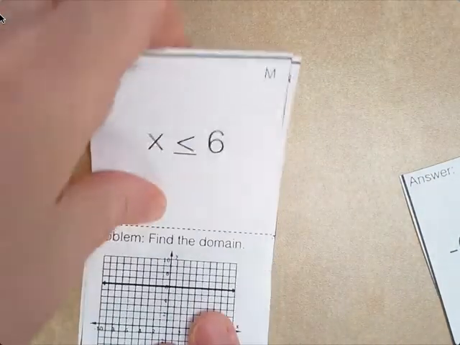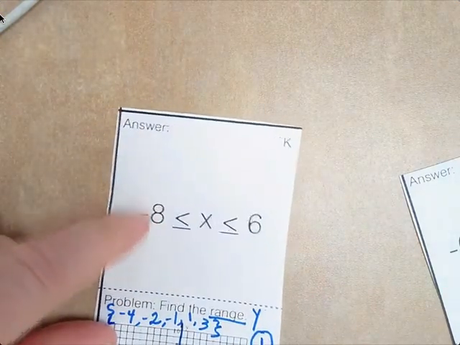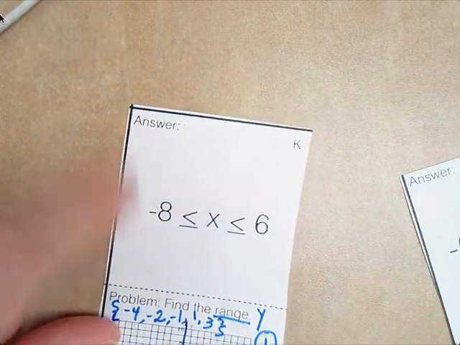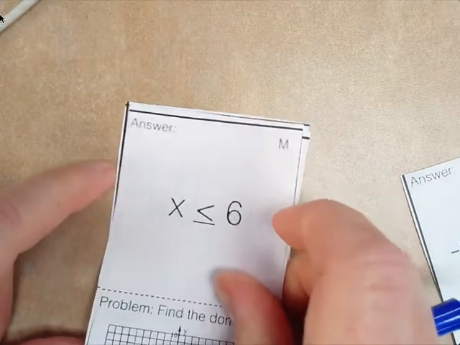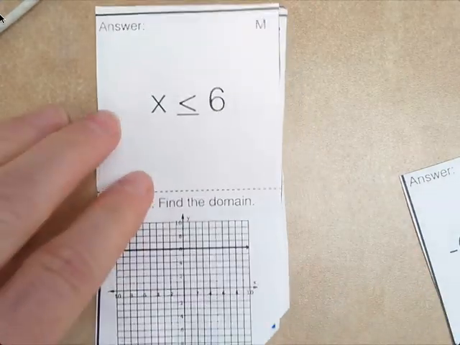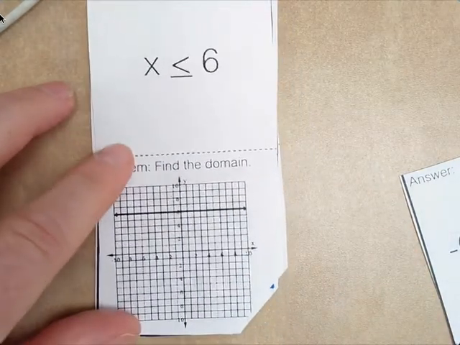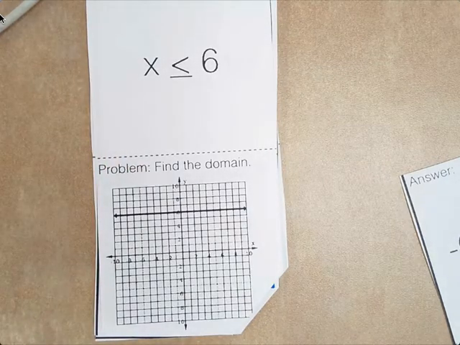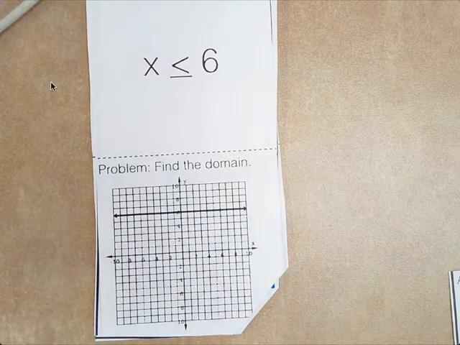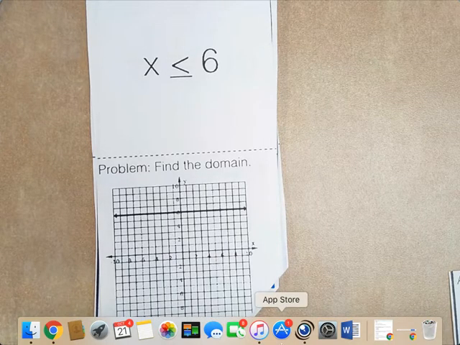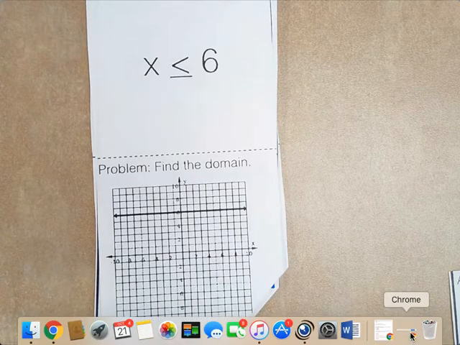When you finish, your last one should be the top of the one that's on the bottom. So K should be your last one. All right, so go ahead and keep on working on this and finish up. And that is it for today.